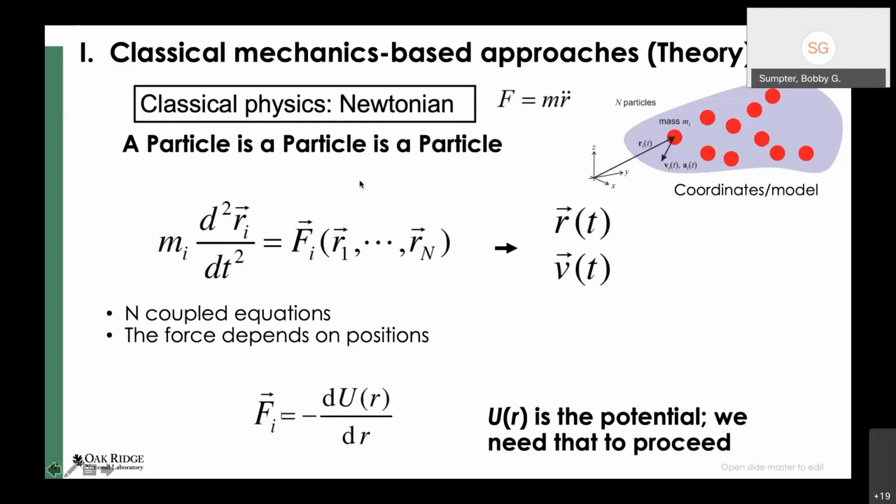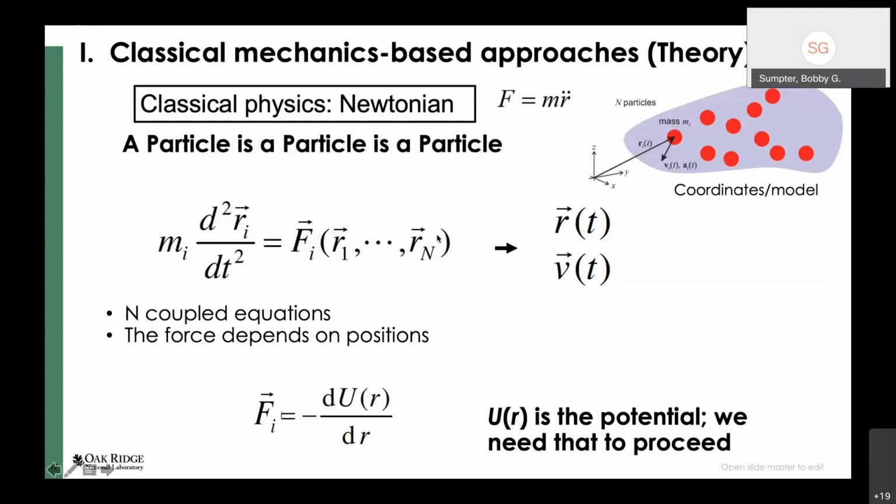If you write that down in terms of differential equations, you'll get a set of n coupled differential equations. And if you could solve those, you would learn the position of all the particles in the system as a function of time, and their velocities. So you would be able to say what happens to that system under a given initial condition over time. That's typically the approach of classical trajectories or molecular dynamics simulations.